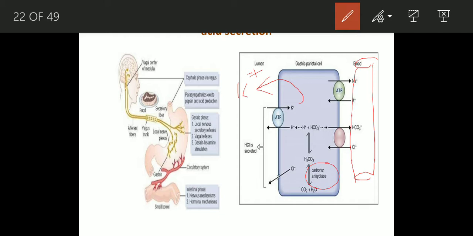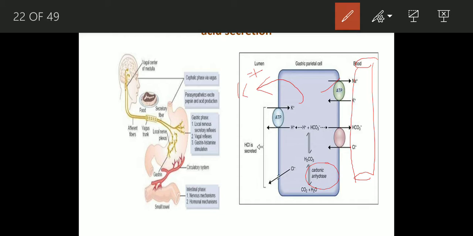On the basolateral side you have two pumps: one is the sodium potassium ATPase pump, which is common for all the cells, and one more pump is the bicarbonate chloride antiport. This is responsible for sending out one bicarbonate ion and allowing one chloride from the blood into the parietal cells.